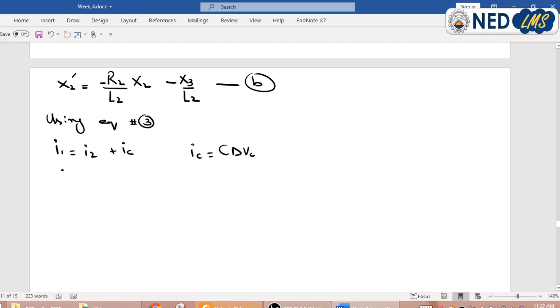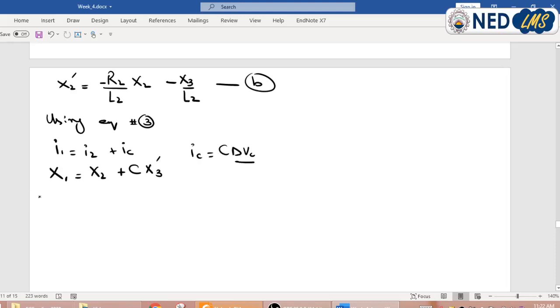So I1 is my x1, I2 is x2, and C dVC is x3 dash, since VC is x3.